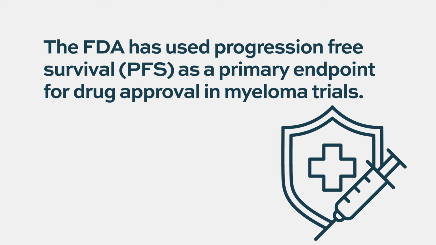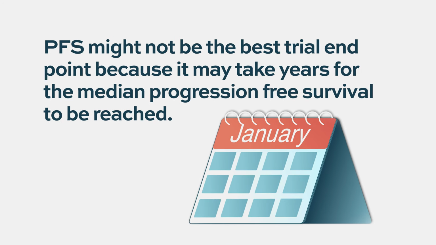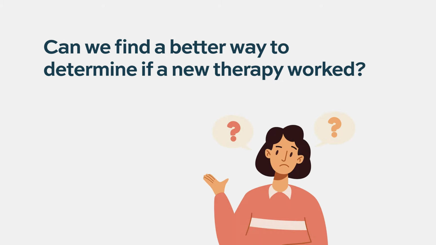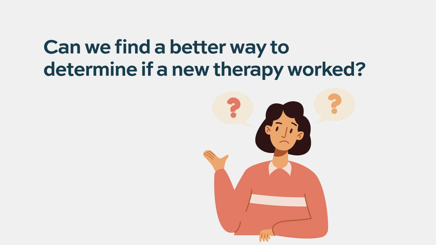We call that progression-free survival. It may not be the best outcome and may be hard to achieve in a short period of time because sometimes it takes you 3 years to see that signal. So the question is, can we find a better way to say this regimen is very effective?